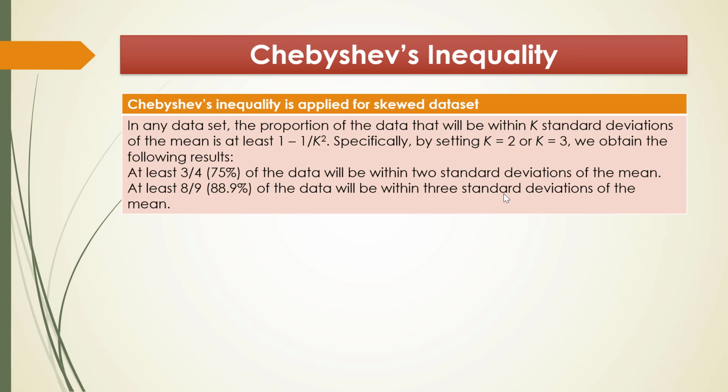At least 3/4, which is 75% of data, will be within 2 standard deviations of the mean. That means between mu minus 2 sigma and mu plus 2 sigma. At least 8/9, which is 88.9% of the data, will be within 3 standard deviations of the mean. That means between mu minus 3 sigma and mu plus 3 sigma.